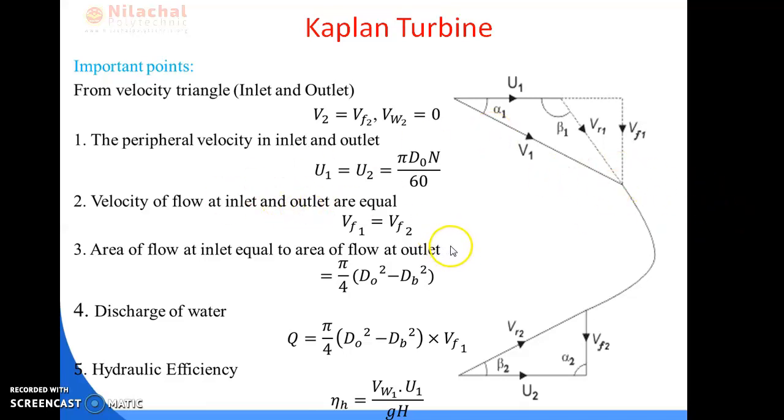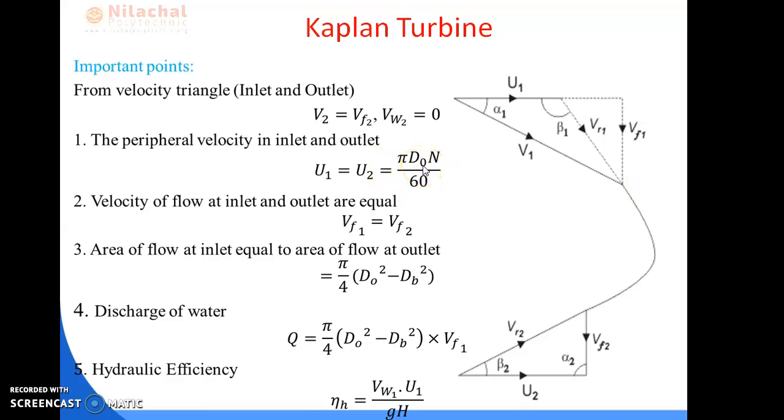We have two blade velocities: inlet velocity U1 and outlet velocity U2, equal to pi D0 N by 60. Here we have to take the blade diameter. After the blades are fixed to the hub or boss of the shaft, the diameter is obtained as D0.